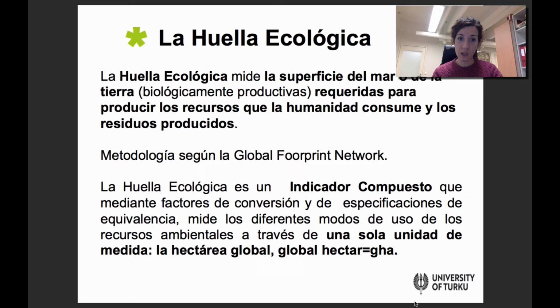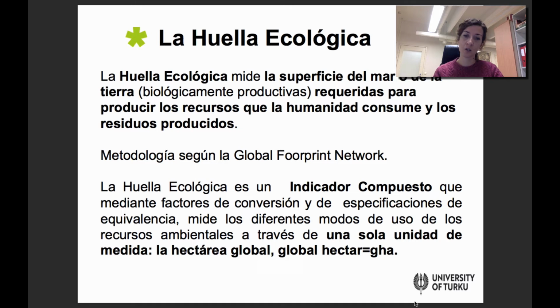The methodology is by the Global Footprint Network. You can also check out their website for more details, and also, for example, if you want to calculate your personal footprint, you can do that.